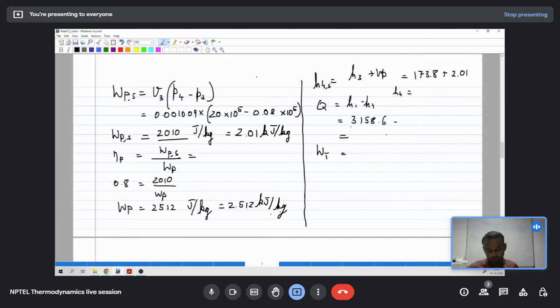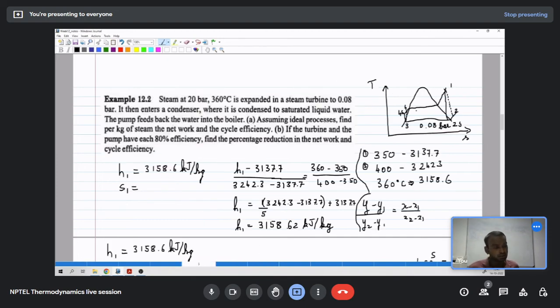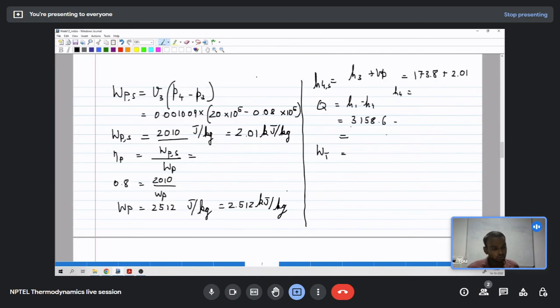Why? Because first I had taken the enthalpy at the saturated vapor line, but we can see that this is a subcooled liquid, so there will be some latent heat to be supplied to the water so that it becomes saturated water.